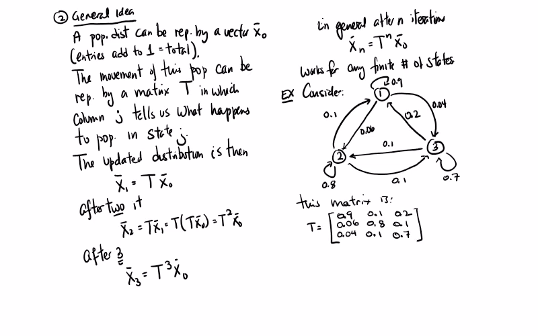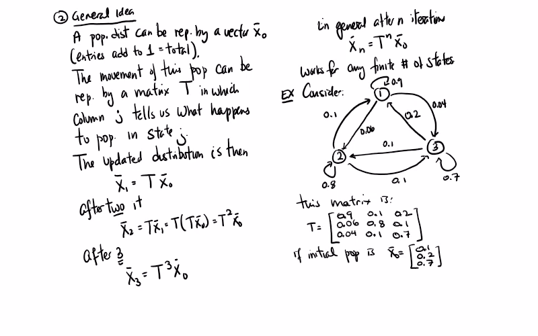So if your initial population is, say, x0, this distribution could be, for example, 0.1, 0.2, 0.7. So this is 10% in state 1, 20% in state 2, 70% in state 3.